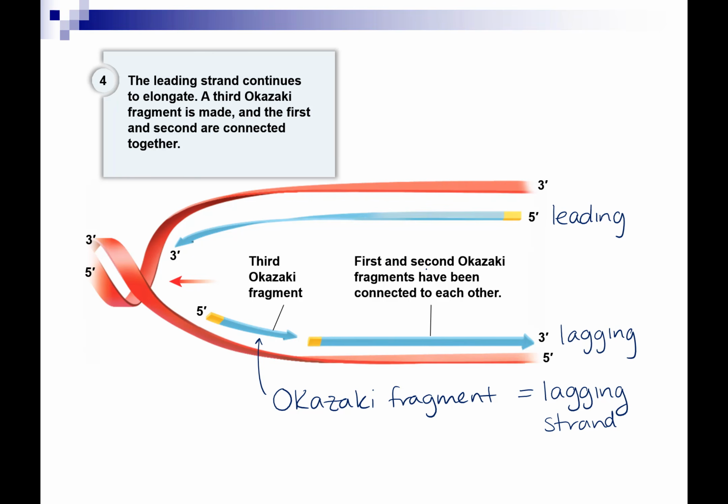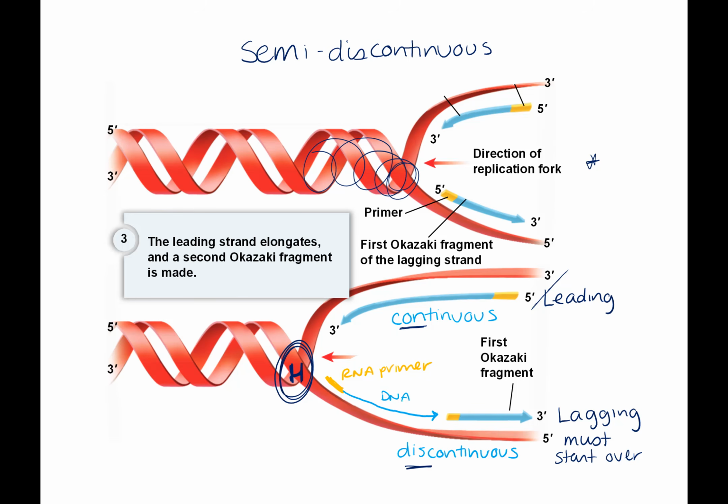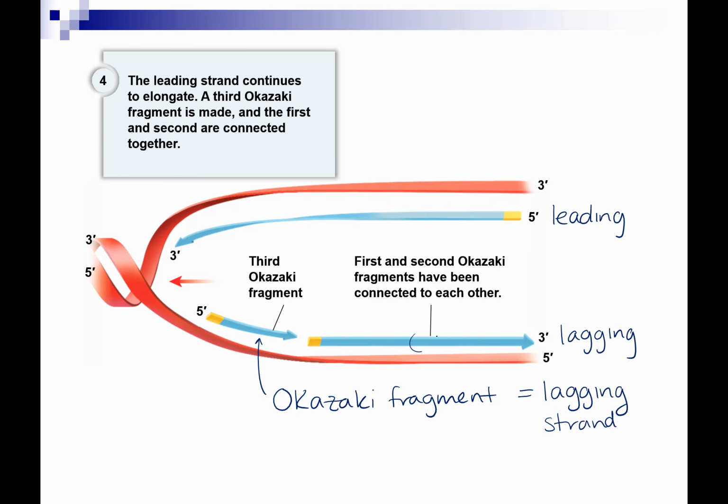So it shows here, if we look back really quick, we had two Okazaki fragments, fragment 1, fragment 2, and then these two got joined together, and that's what we're going to talk about next.